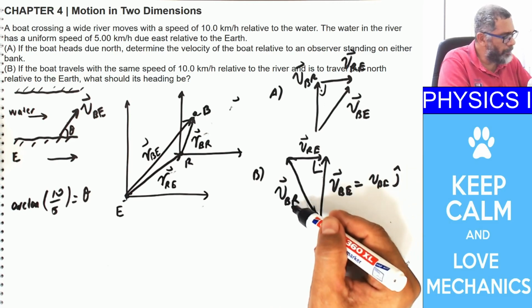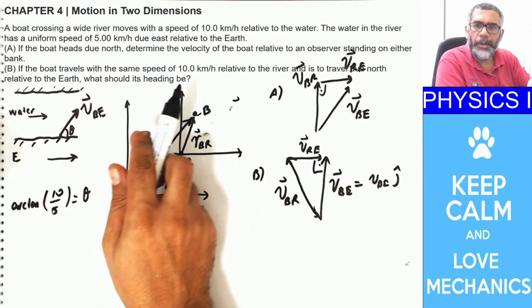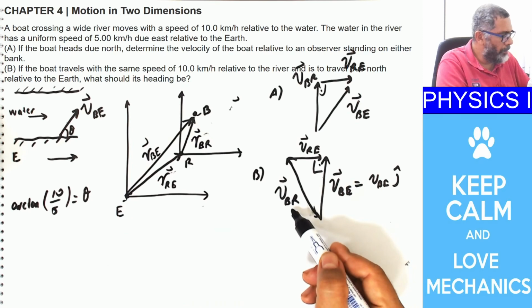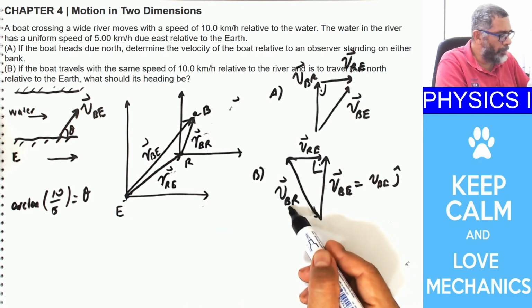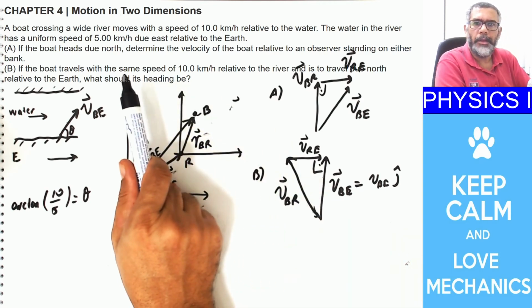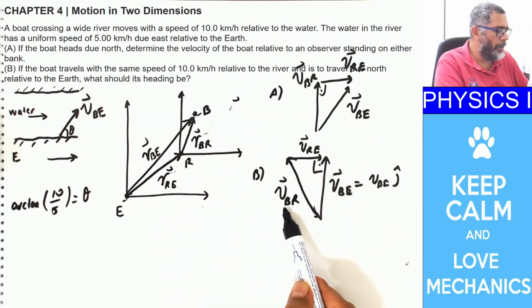Okay, so we know that the boat's speed relative to the river is going to be 10 kilometers per hour. So the magnitude of V_BR is given, because it's the 10 kilometers per hour relative to the river. That's what it's talking about, the magnitude of this velocity vector.